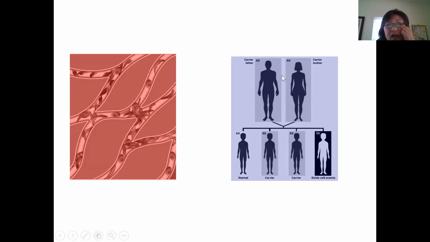If you look at this male side, the genotype is A and S. A is normal, S is the sickle cell gene which can cause sickle cell anemia. But because you have one normal and one abnormal, and the abnormal one is recessive, we say this person is a carrier. It does not have sickle cell anemia, okay? Then the female side has the same kind of genotype.